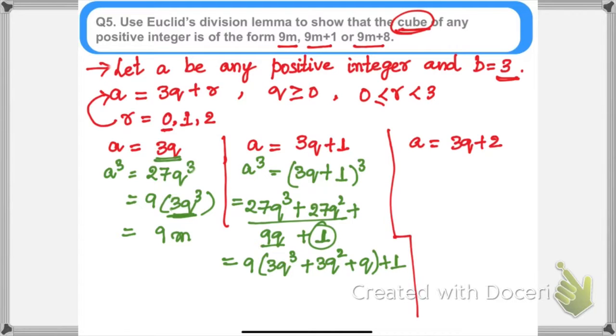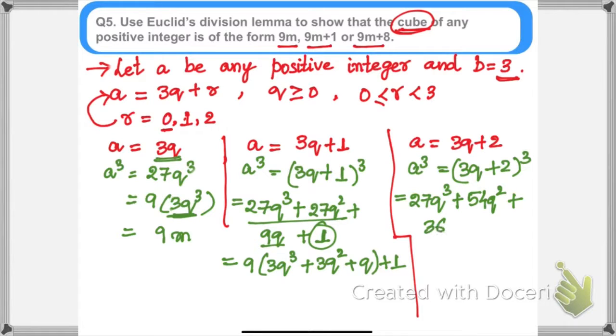Okay, now moving to the next one, cubing this as well. A cube will be equal to (3q plus 2) whole cube. That will give you 27q cube, plus 3a square b, that is 54q square, plus 3ab square, that is 36q, plus b cube, that is 8.